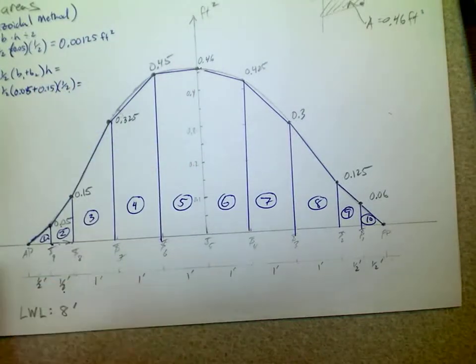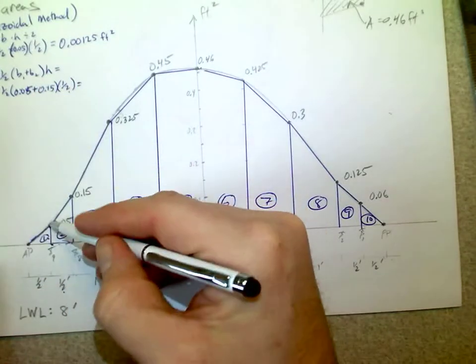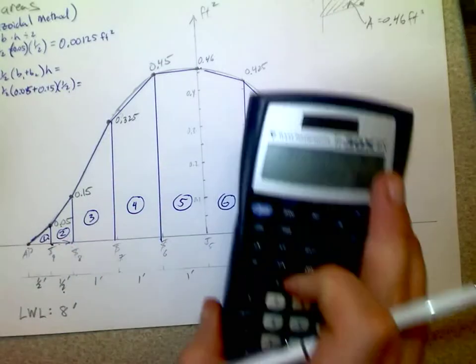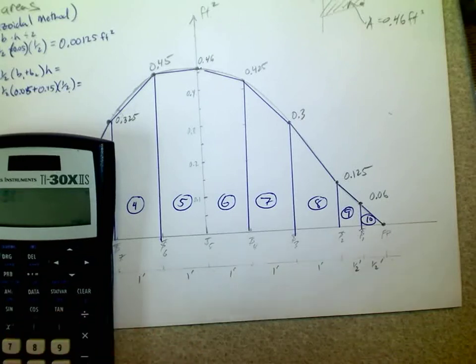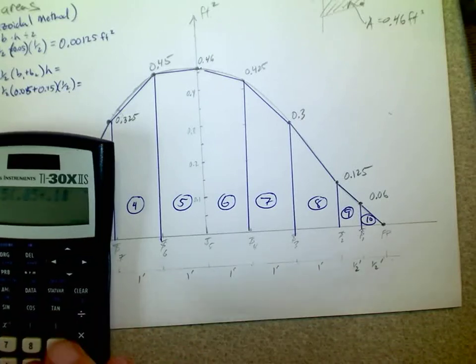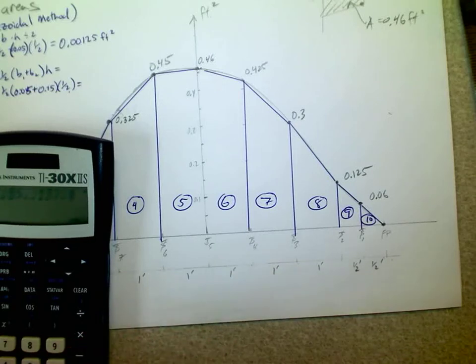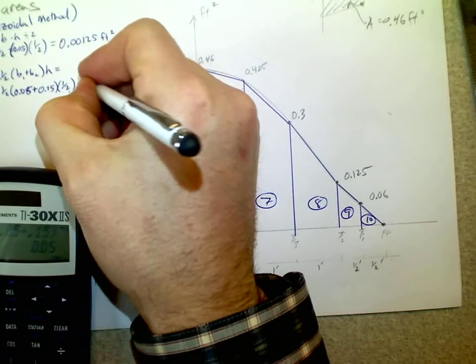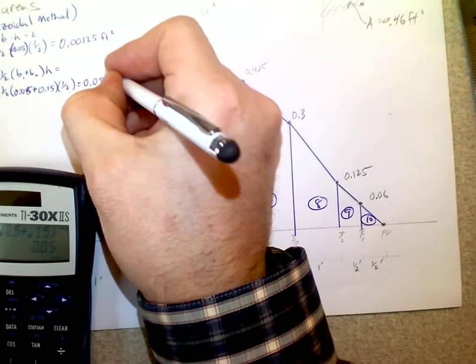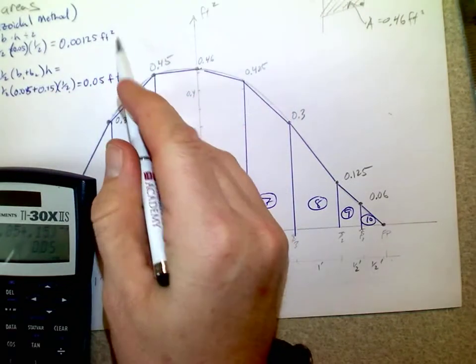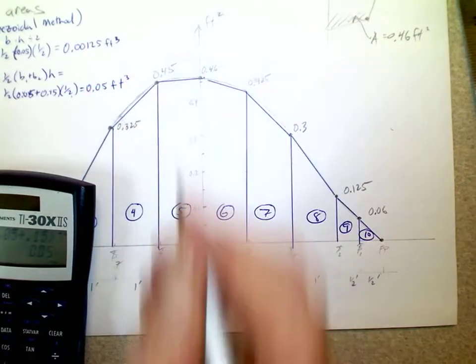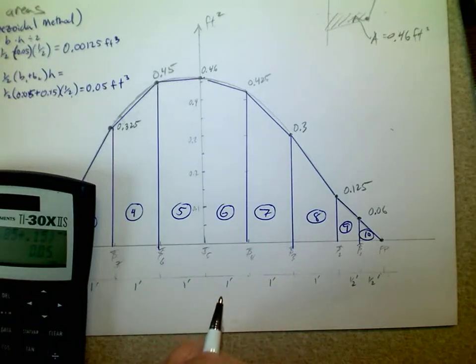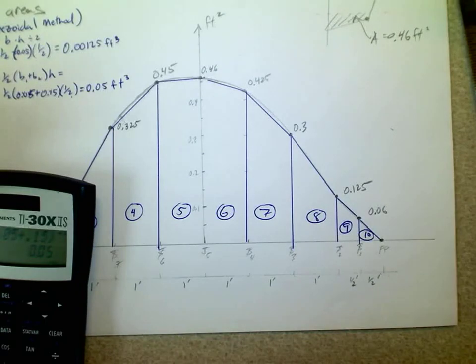In our case, base 1 is 0.05 and base 2 is 0.15, times this height, which is also 1/2. So I'm going to do 0.5 times 0.05 plus 0.15 times 1/2, and that's 0.05 feet. I incorrectly put feet squared in the previous part. That's actually feet cubed. This is feet cubed. So I'm starting to generate a volume. I'm going to pause the video here, finish these calculations, and show you what to do next.